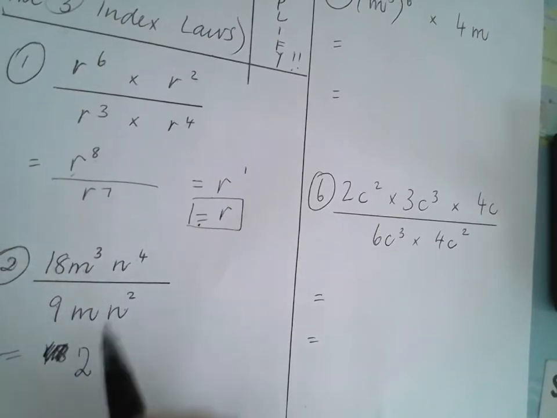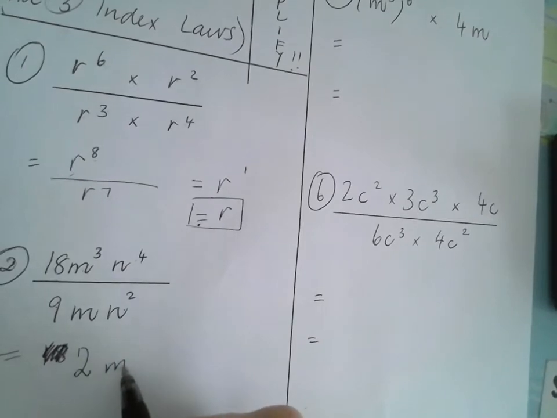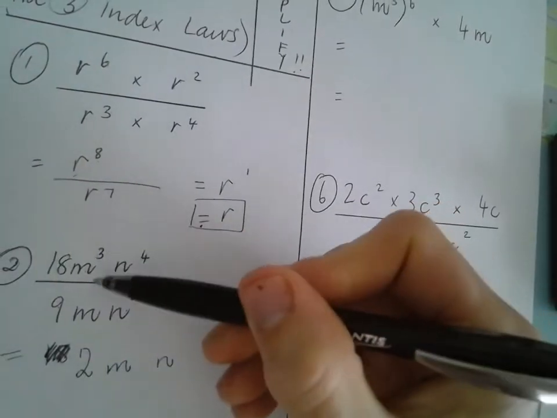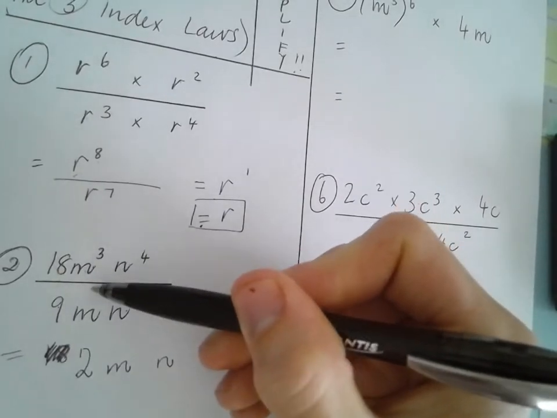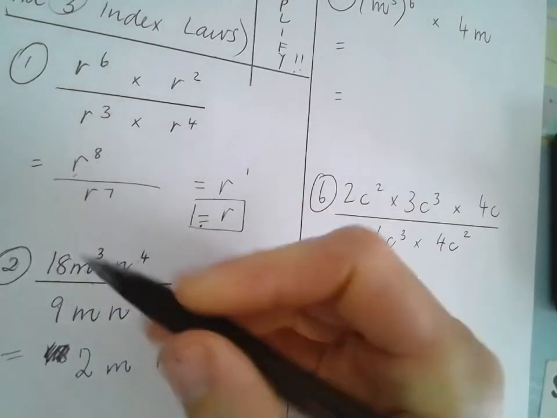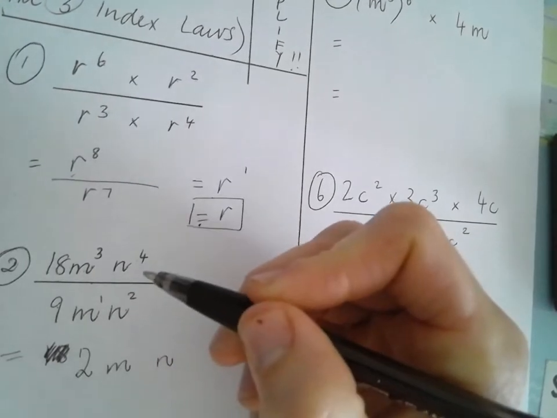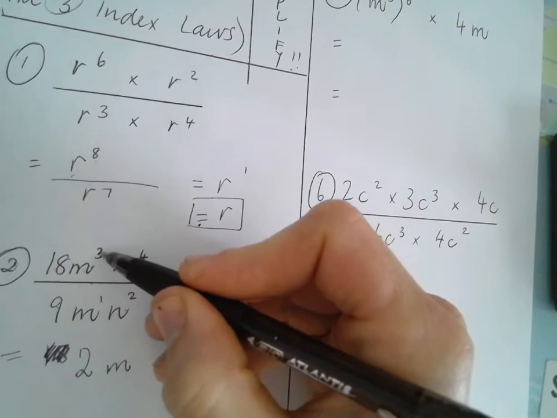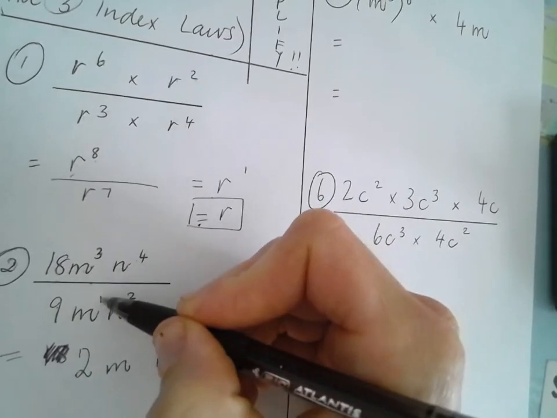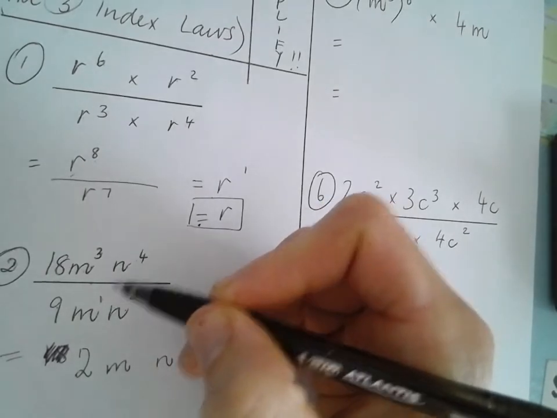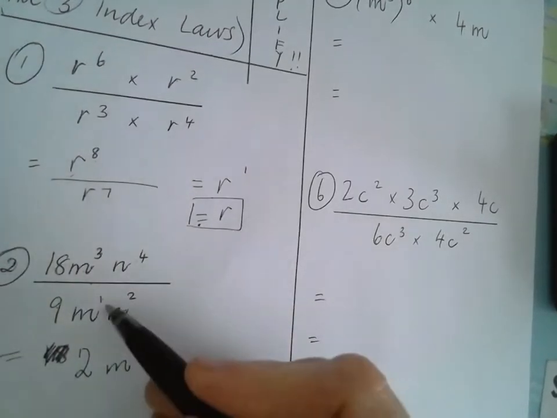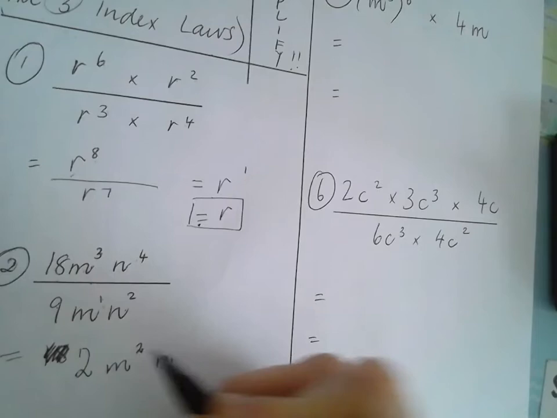So again we're going to keep our bases of m and n. We have m to the power of 3 divided by m, which we really know is m to the power of 1. So we say 3 take away 1 because it's a division, so it's index law 2 happening here. 3 take away 1, we have m to the power of 2 left.